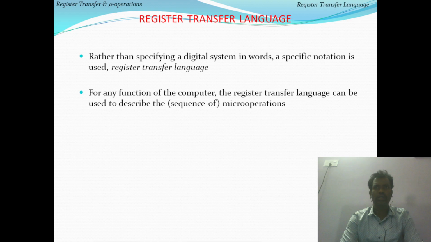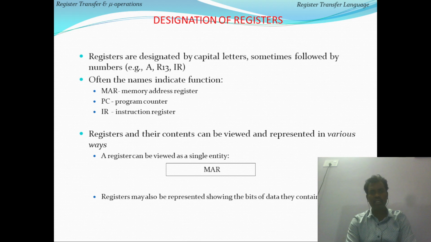First, what are the basic kinds of registers available in any processor, even in a single processor computer? And then how are these registers used in the register transfer language, the symbolic language to indicate the micro operations?